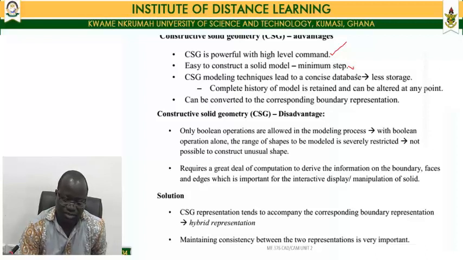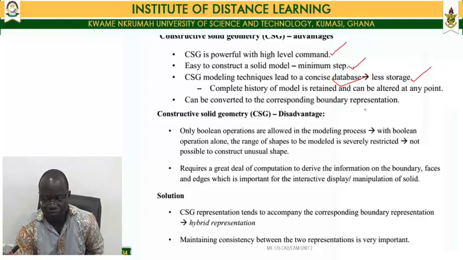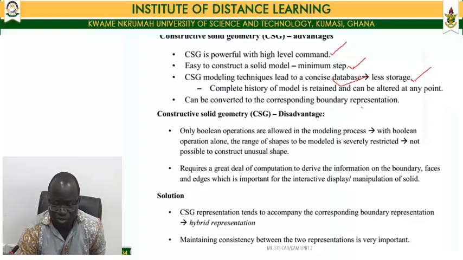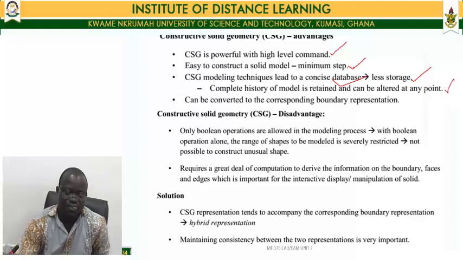You can retain the complete history of the model, and you can also alter it at any point if you so wish. It can also be converted to the corresponding boundary representation, which is the next technique that we're going to look at.